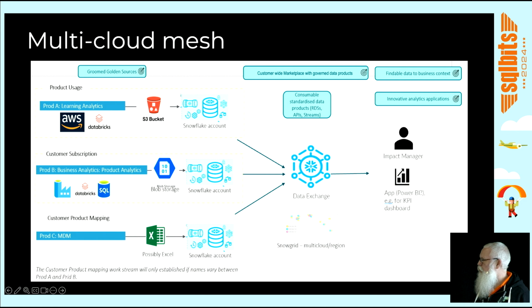So this is an example of a customer that is having several business domains or independent business units with their own analytical sandboxes in different clouds. And this is where companies like Snowflake or Databricks shine, because they are cloud agnostic.